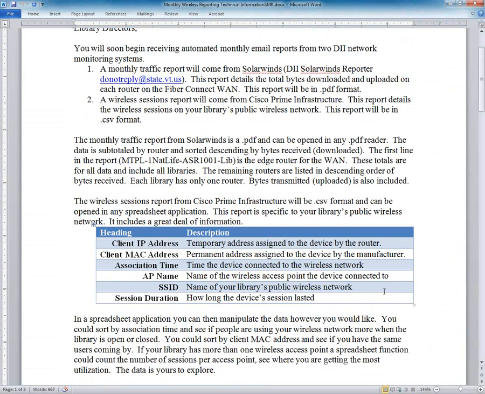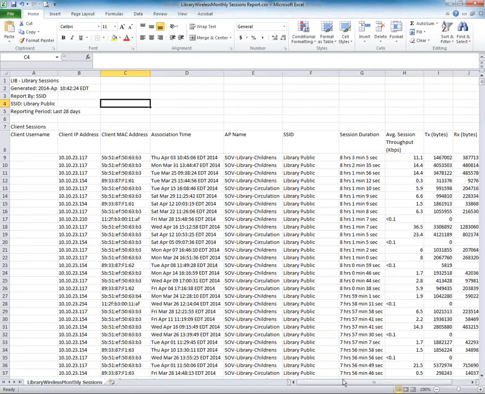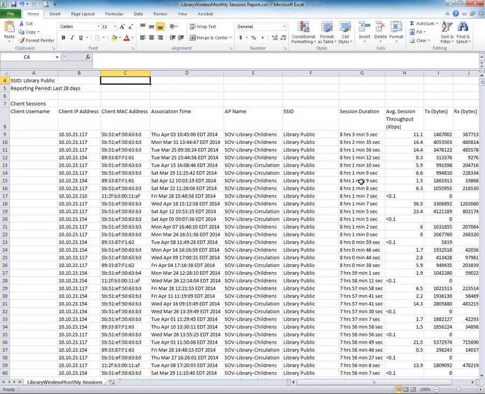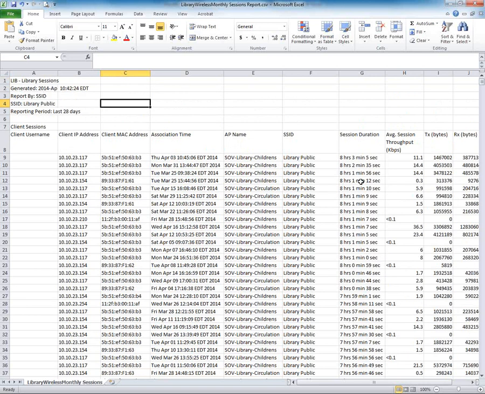Let me go to the spreadsheet and show you some things that you may want to think about. The spreadsheet you receive should be ordered by session duration.